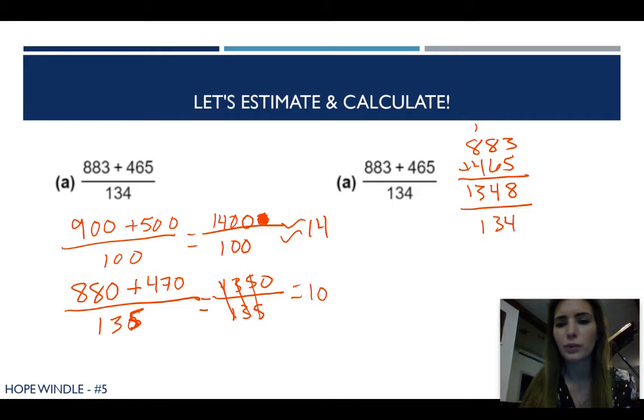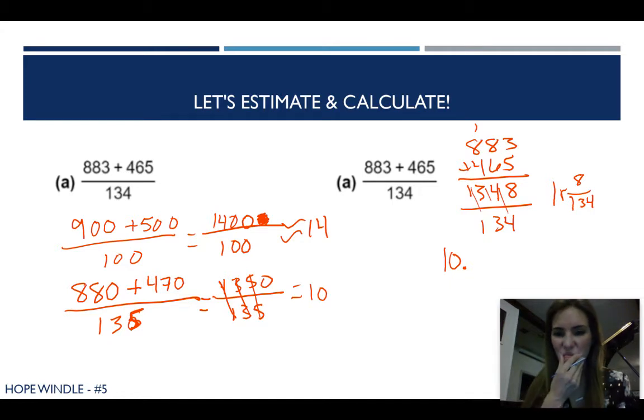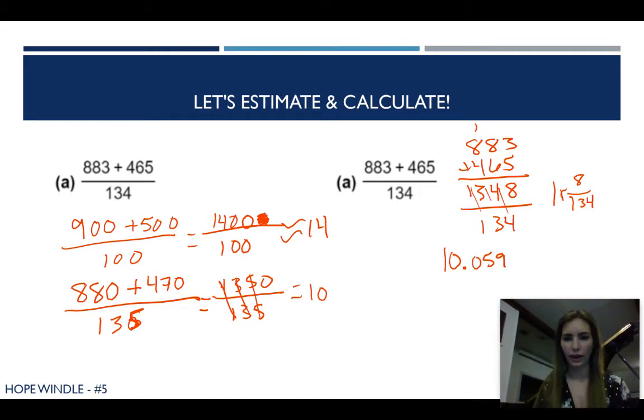So we can see that this is all going to cancel out, and we're going to end up with 10 with a remainder of 8 over 134, or this would be a decimal somewhere along the lines of 10.059 or something of the likes if we were to actually use a calculator.